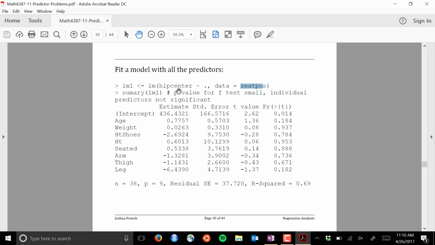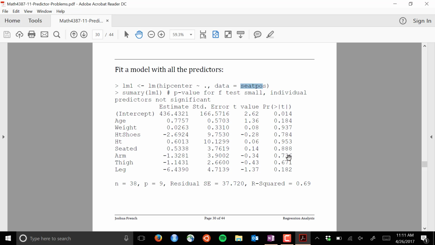So we do that regression, we're going to call that lm1, and I'm going to look at a summary of lm1. What I want to point out here is that the R-squared value is actually reasonably large. It's about 0.7. So the fit of our regressors to the response is actually pretty decent. But if we look at the p-values for each of our regression coefficients, you can see they're all quite large. None of them are even close to being significant.